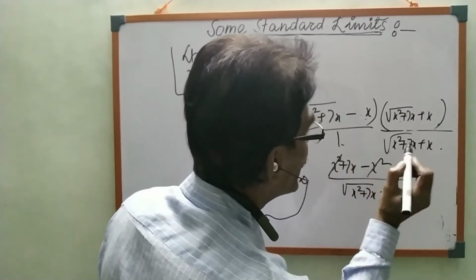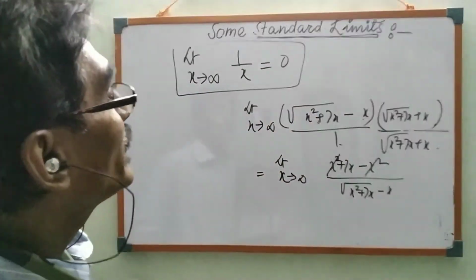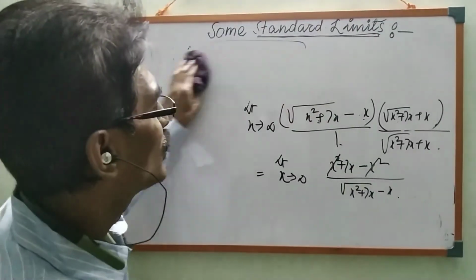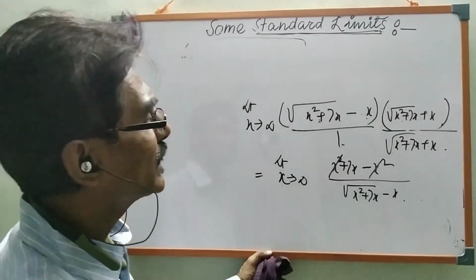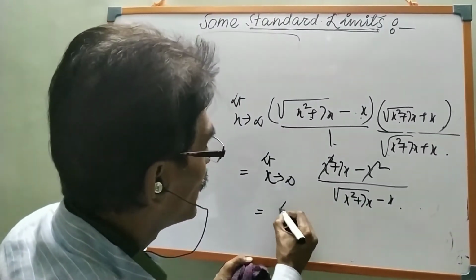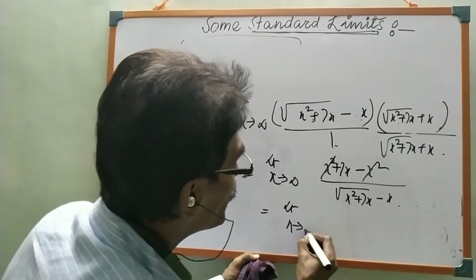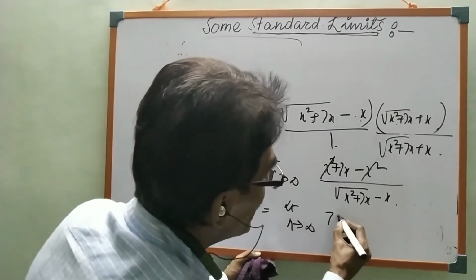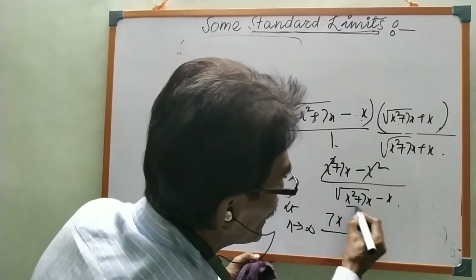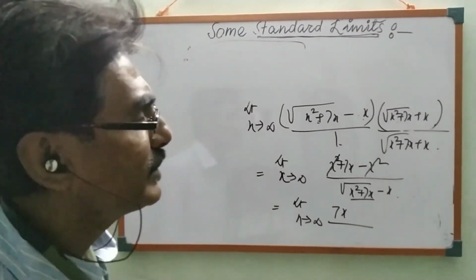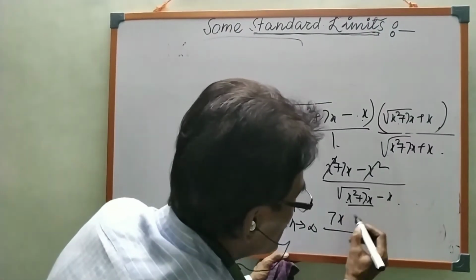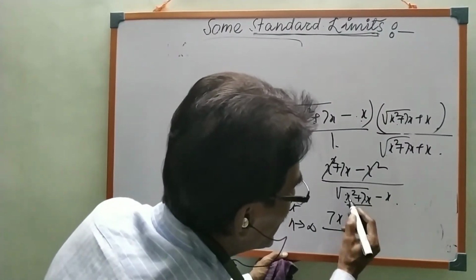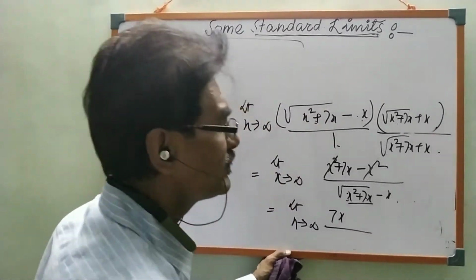Yeah, x square cancel. Now one important calculation is there. What is the calculation? Try to clear. That is equal to limit x tends to infinity, 7x divided by, here inside the root you are taking x square common.